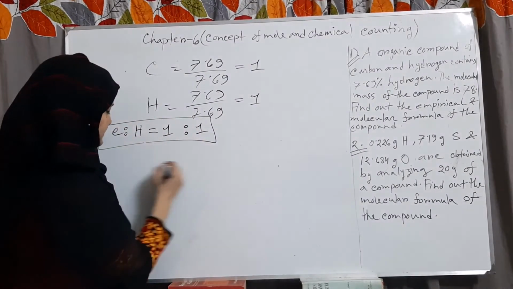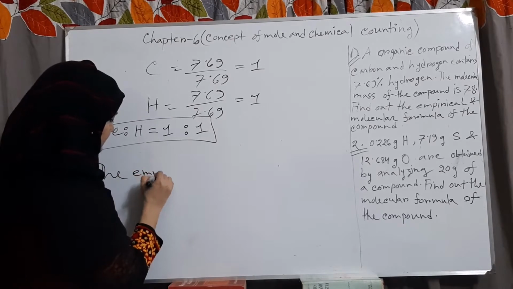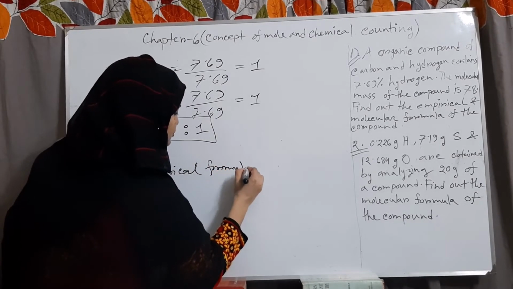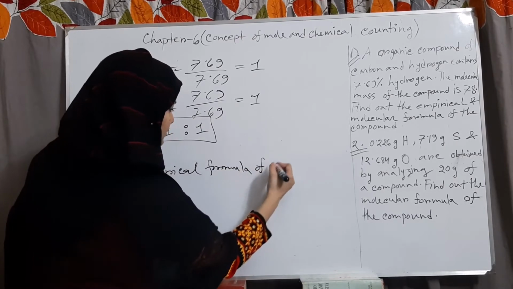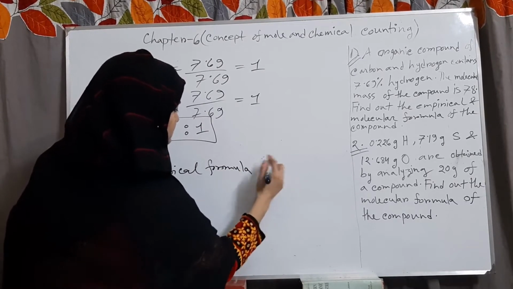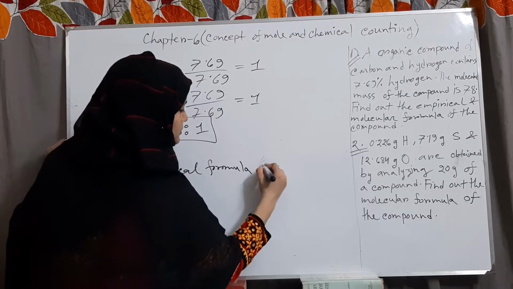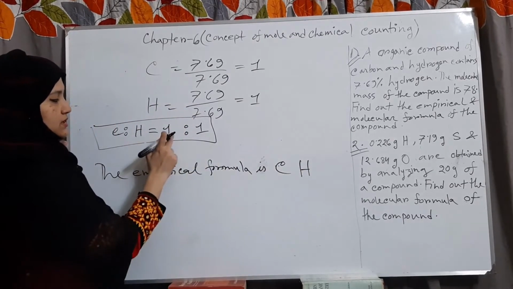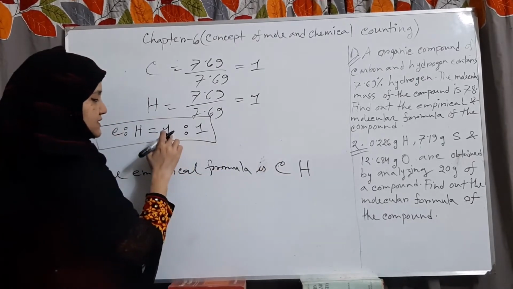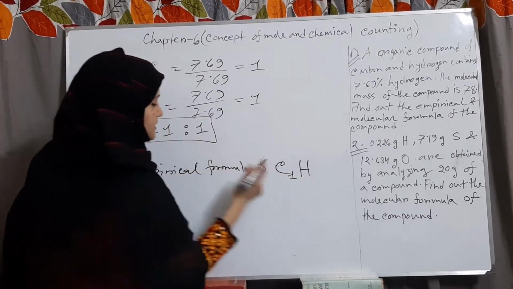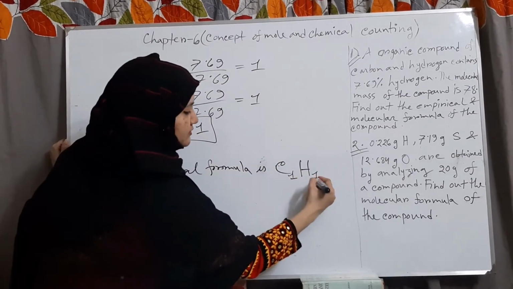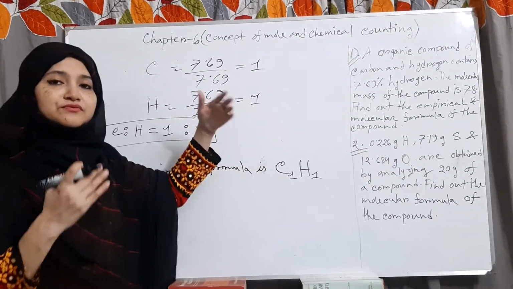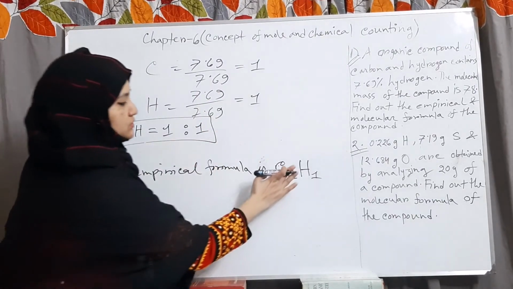That means the empirical formula of that compound is CH, and the number 1 is not needed in the formula.